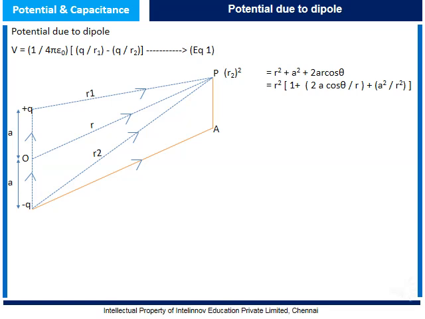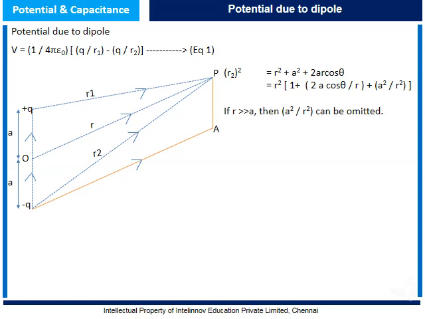If R, that is the distance between the midpoint of the dipole and the point P, is much greater than A, that is half the distance between the charges of the dipole, then A square by R square can be omitted.